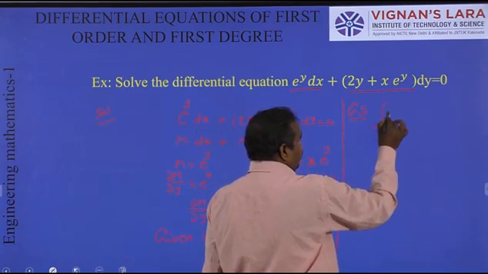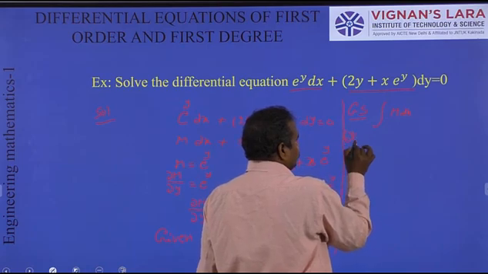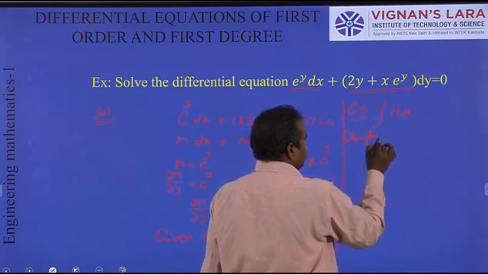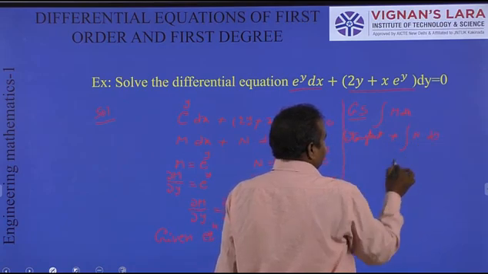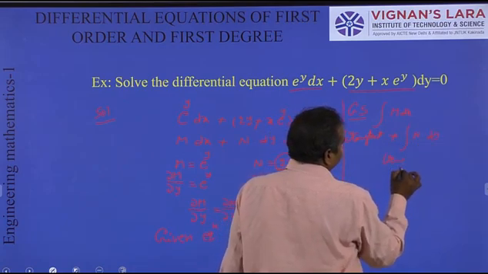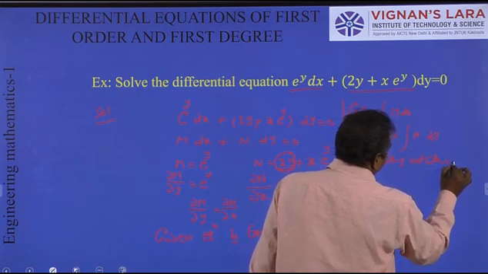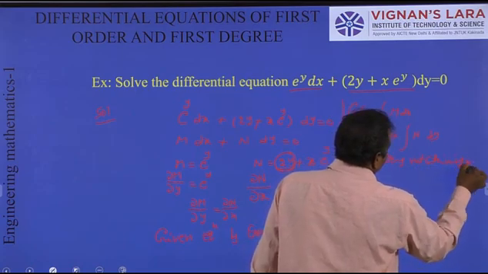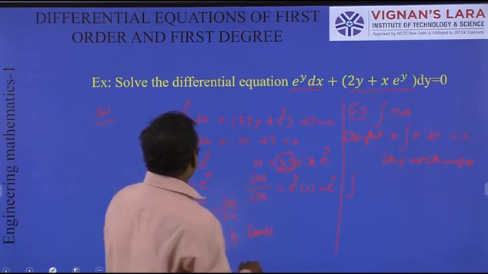The formula is integral M dx, here treat y as constant, plus integral N dy, in this integral terms not containing x, is equal to c. So integral M, what is the value of M?